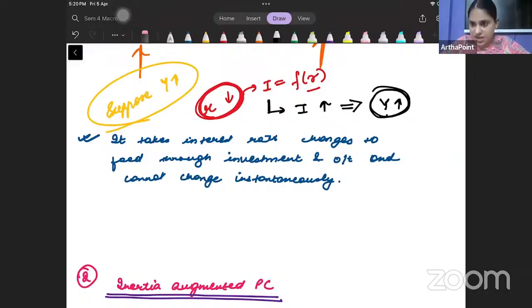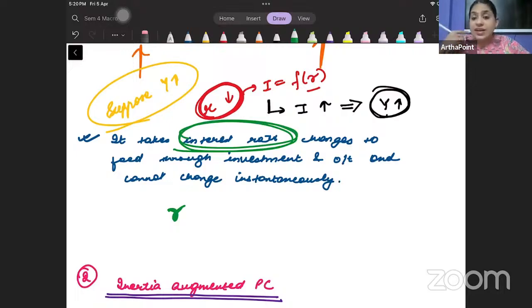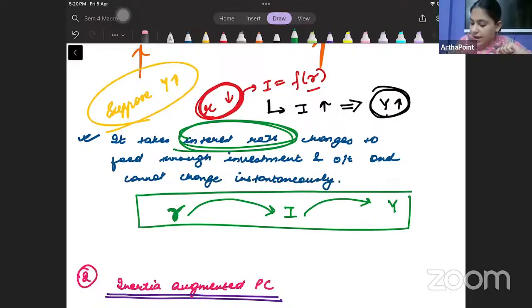So what we are saying in this case is that the interest rate changes. जब भी आप कोई interest rate में change लेकर आते हो, the interest rate changes feed through investment. वो investment के रास्ते से जाकर output को change करती हैं, and it changes the level of the output. Right? So whenever you change the interest rate, it feeds through investment.